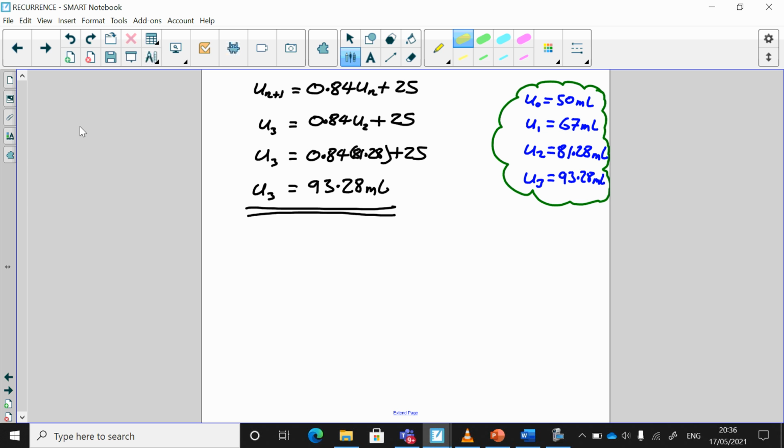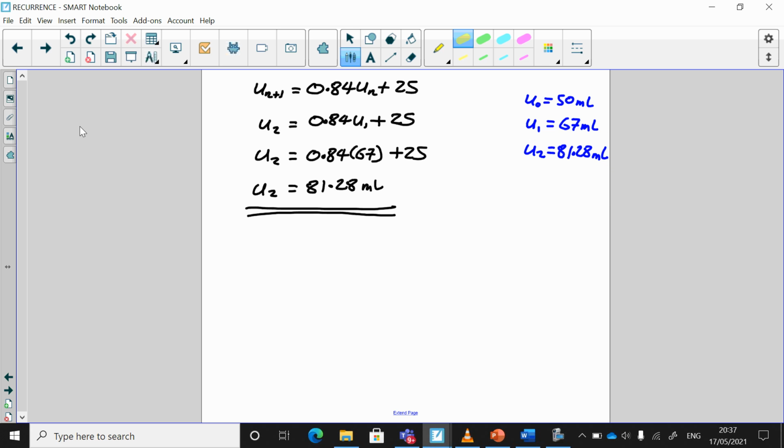So 50 to 67, that's 17. And 67 up to 81 and a bit, that's 14.28. So 17, 14.28. That looks as if it's decreasing here. And 81.28 to 93.28 is 12. I've approximated stuff here, folks. I've rounded up.